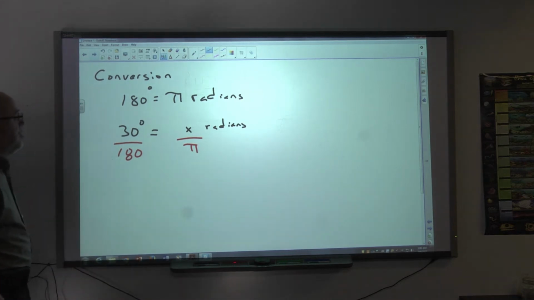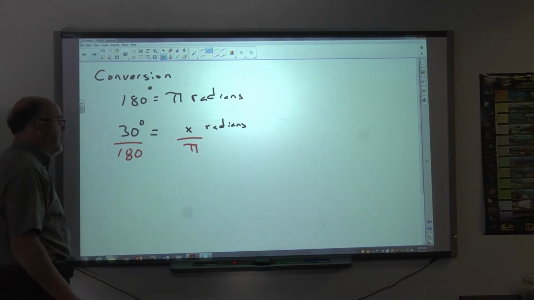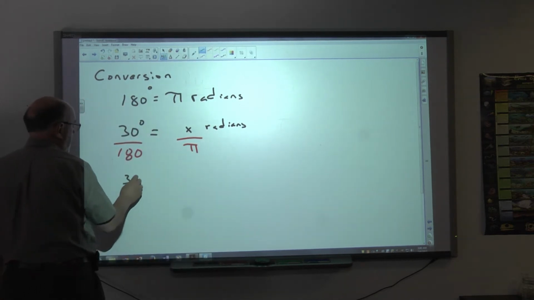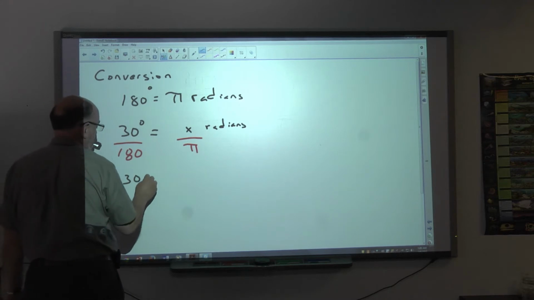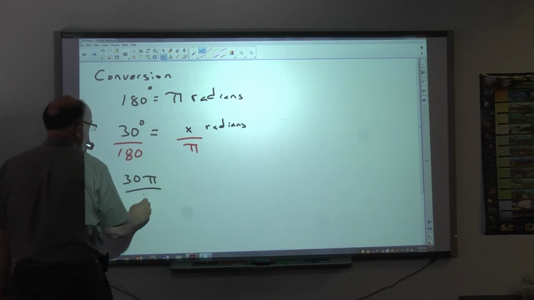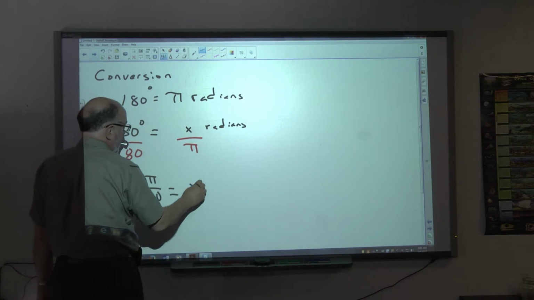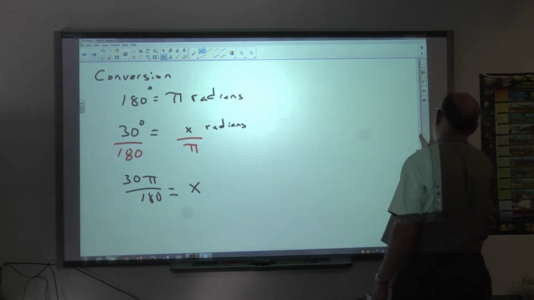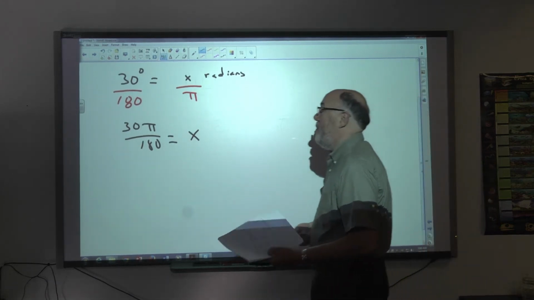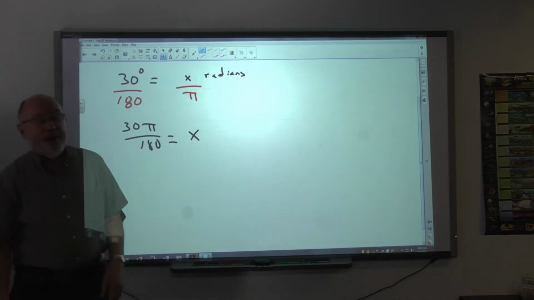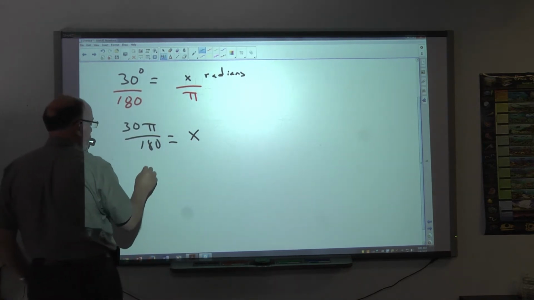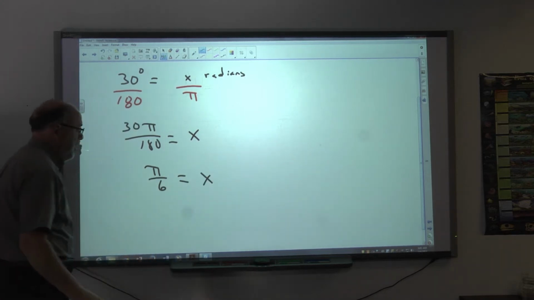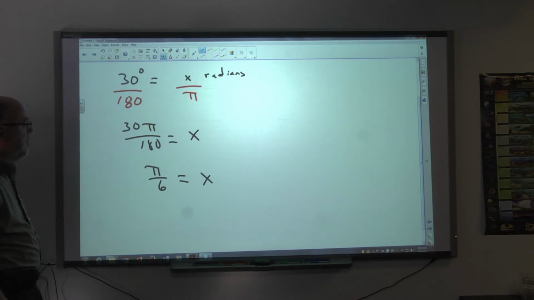And so we have in terms of this proportion, and so we can solve this for x. And so we get that 30 pi over 180 is going to equal x. And then the next thing we do here is we simplify the fractional part, and 30 over 180 is going to leave us with pi over 6. And so we get pi over 6 radians will be our answer for this.